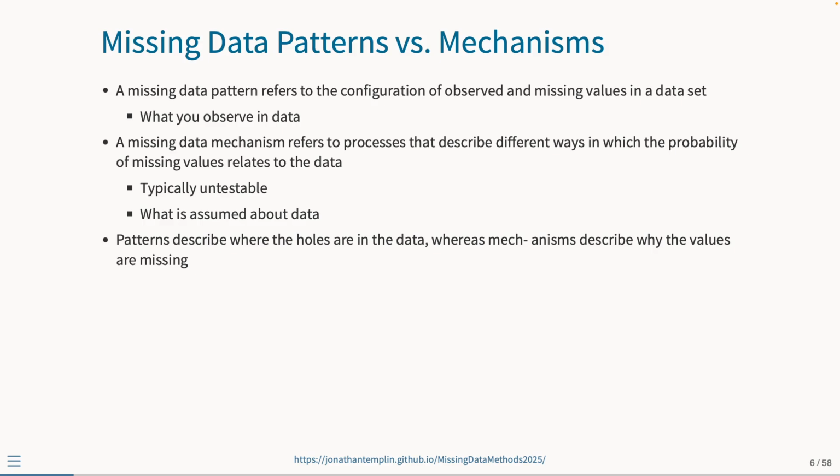Where that can become helpful in a limited sense is in the case where you want to take this joint distribution approach and factor it, right? By saying, for instance, if you're going to predict y in a regression with a variable x and a variable z, and x and z both have missing data, do you have patterns where x and z are missing simultaneously or not? Because that might change how you decide to model the work.